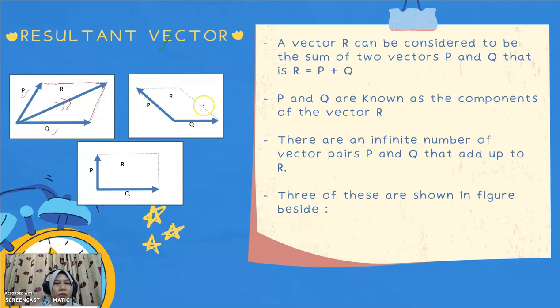For figure 2, this is vector R, which is the vector sum of vectors P and Q. And for figure 3, the vector R, as shown in the diagram, we can identify by using the parallelogram method.